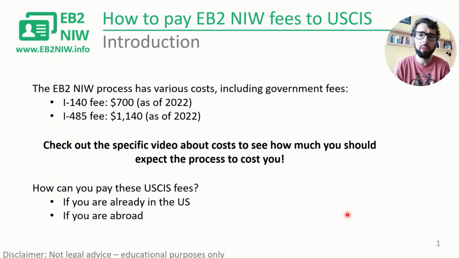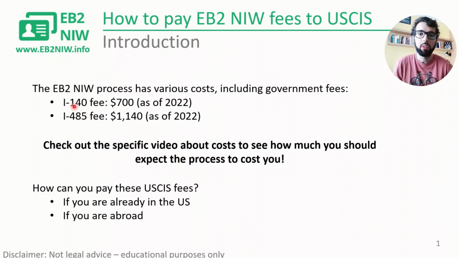But in today's episode we are talking specifically about those costs that are associated with government fees. So those are the costs that everyone has to pay for, no matter if you are filing by yourself or if you are using a lawyer. These are fixed costs for everyone.